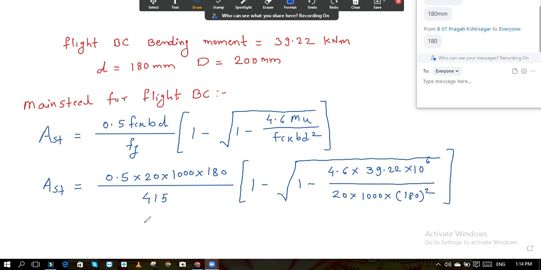Put the values and let me know the value of Ast.